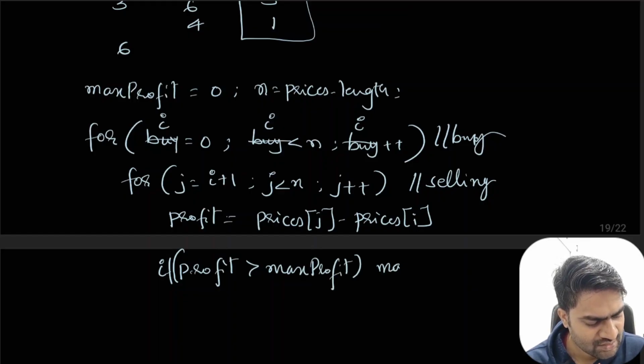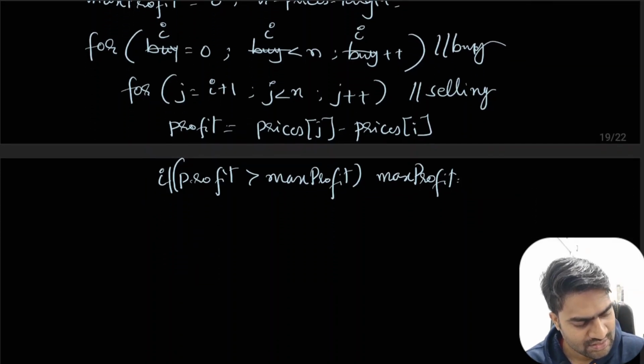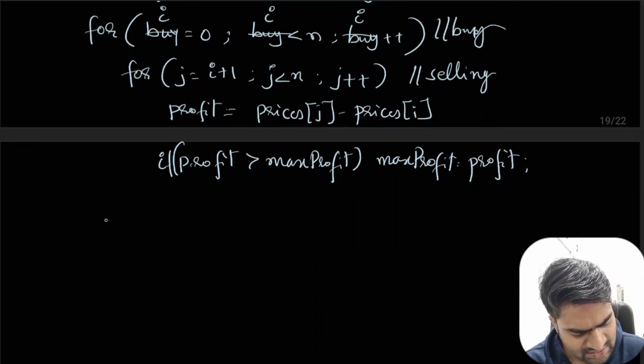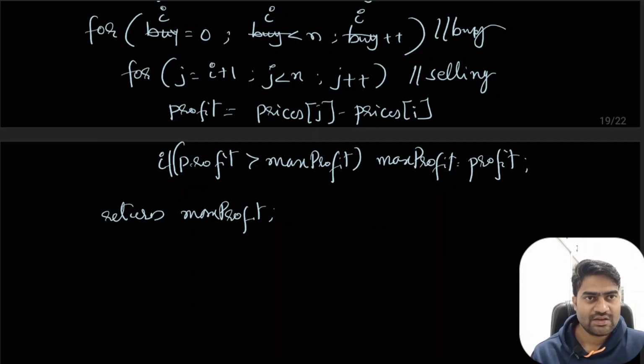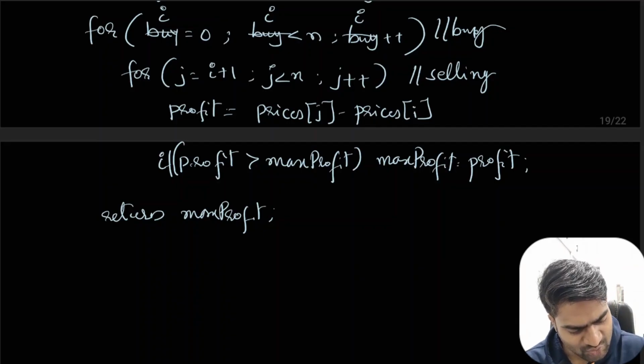I will say max profit is equal to my profit. This way I will assign the maximum value. Then at the end, what I will do? I will simply return my max profit. Okay, you understood?